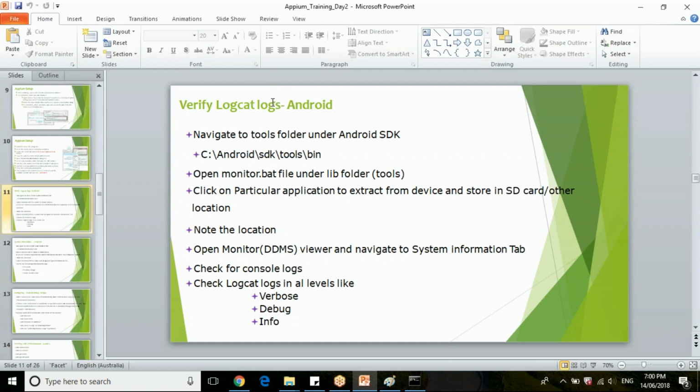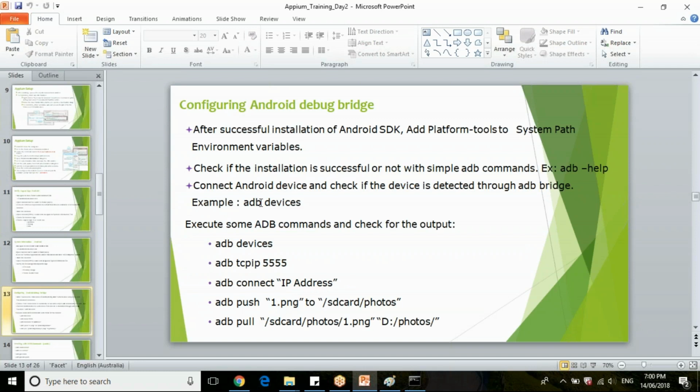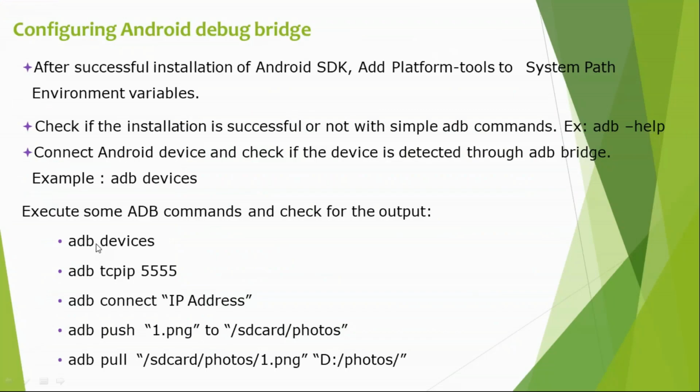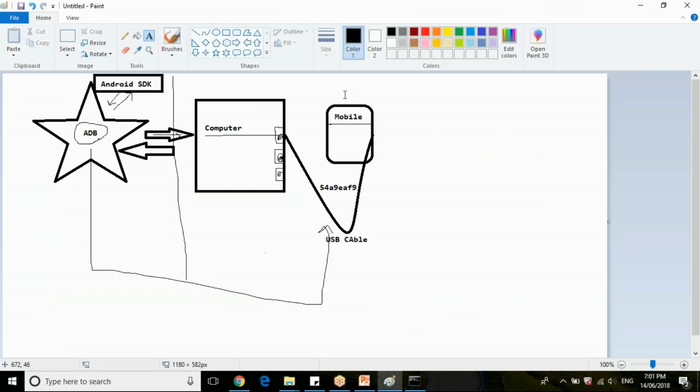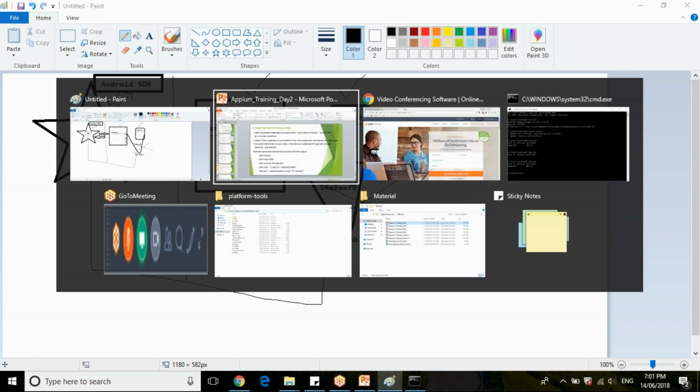Now, adb tcpip and connect to an IP address. Let's say your mobile device and your computer are both connected to the same Wi-Fi network. Suppose you don't want to use a USB cable, if you want to eliminate connecting a USB cable, then you can run the command adb tcpip.